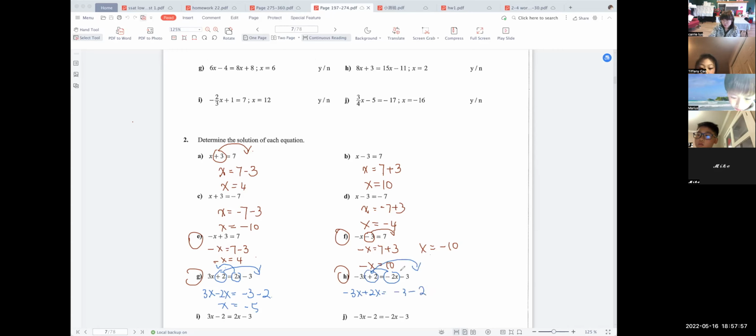Whatever is still on the side, we don't touch it. We don't have to do anything, we just copy it out. Get it? So this one is negative x equals negative 5. So x equals what? x equals 5, because you see, negative 5 equals negative 5. So x equals 5.